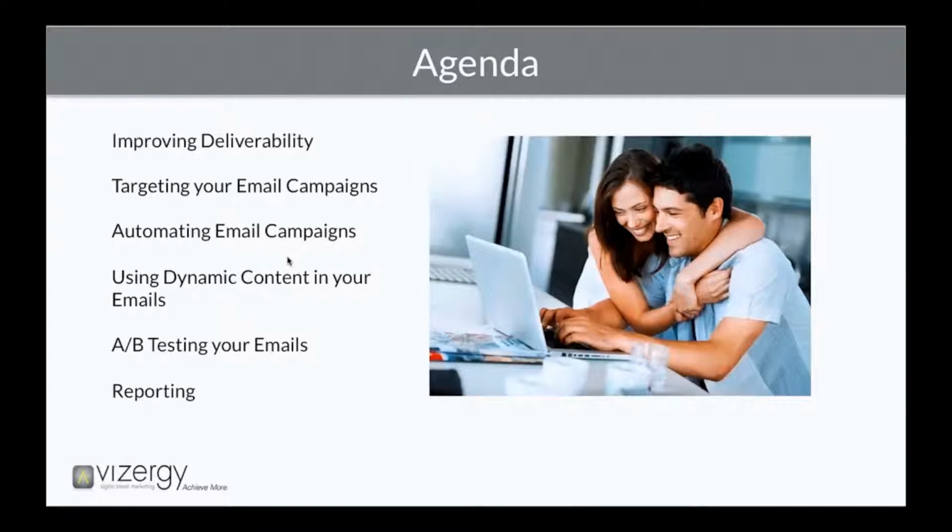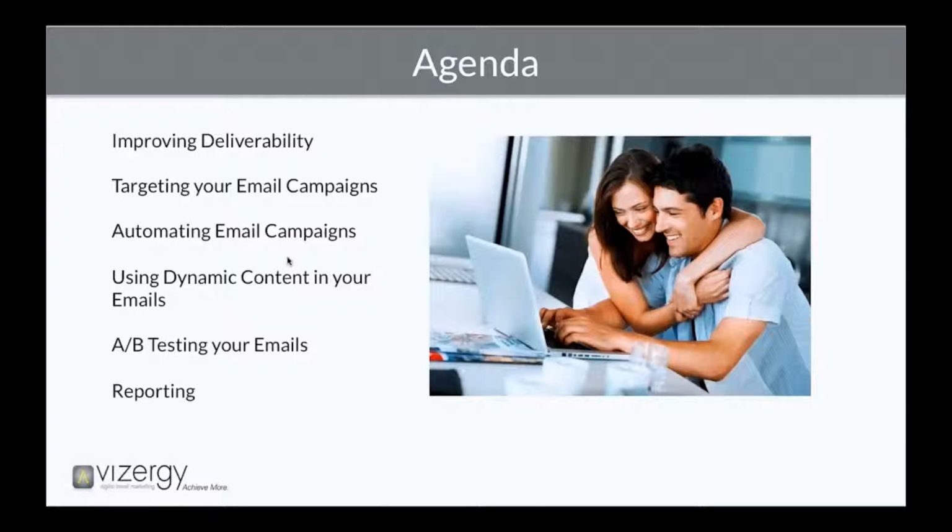Automating email campaigns, making sure that when you're sending email messages, you can create easy to use steps so that you take a lot of work out of the process and messages are automatically sent based on behaviors or opens or clicks. Using dynamic content that you've gathered from your customers and sending out messages specific to your customers based on information that you've collected from them.